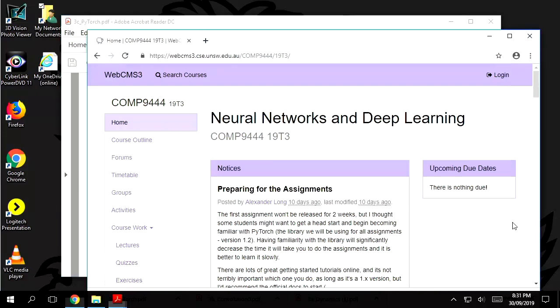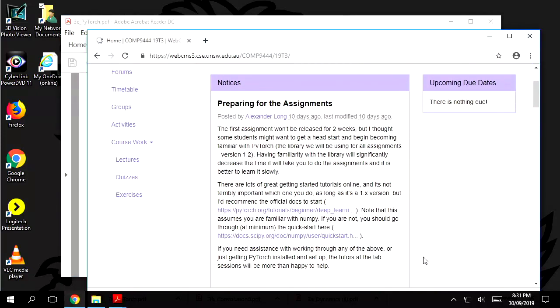For the first assignment, you'll be given some PyTorch code, and you'll be asked to fill in parts of the code that are missing, or modify some parts of the code. Alex Long, the course administrator, has put a notice up here with some resources for you to go and learn about PyTorch. I recommend that you do that.